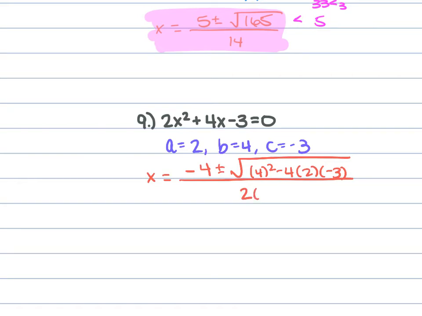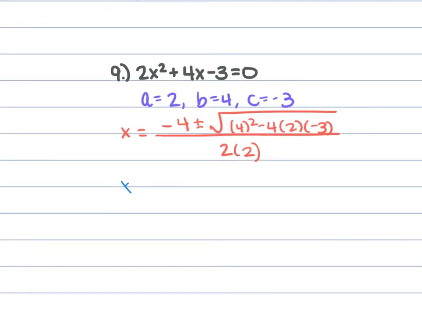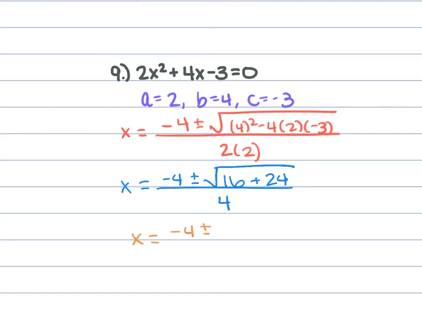Oh, sorry, 2 times 2 is 4. So this is going to leave me with negative 4 plus or minus the square root of 16. The negative 4 times 2 is negative 8 times negative 3 is a positive 24 all over 4. From here, the 16 plus the 24 gives us 40. So x is equal to negative 4 plus or minus the square root of 40 all over 4.